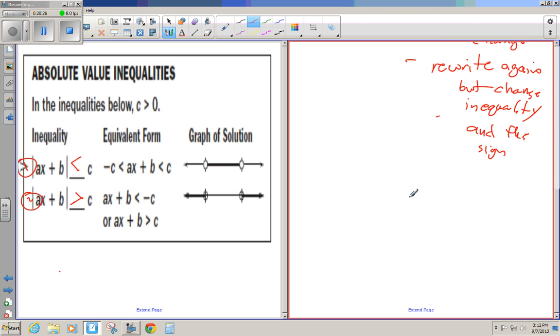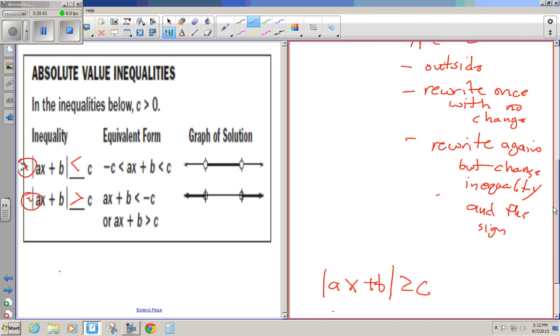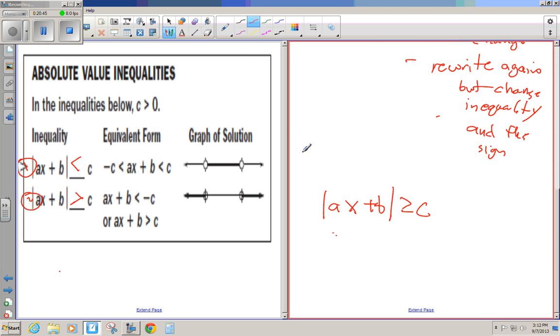So let's just use this example over here. So if you have ax plus b is greater than or equal to c, step one, if you go back up here, sorry, not step one. Step one was to know what type. Well, it's type 2. So it's an outside. You rewrite once with no change.